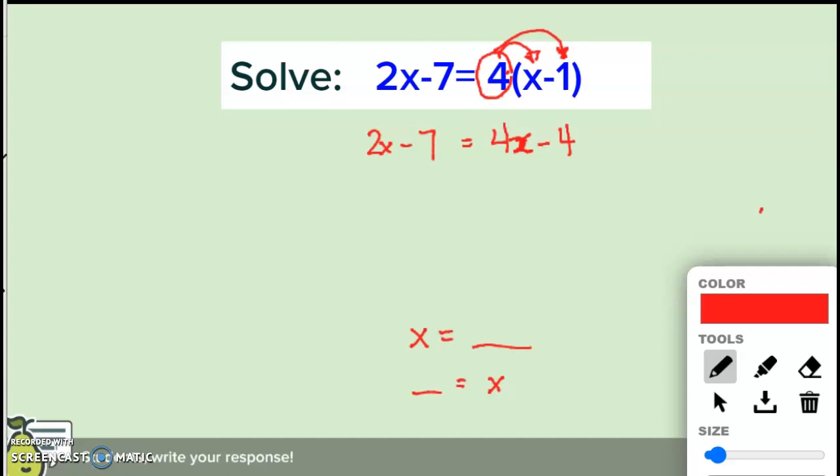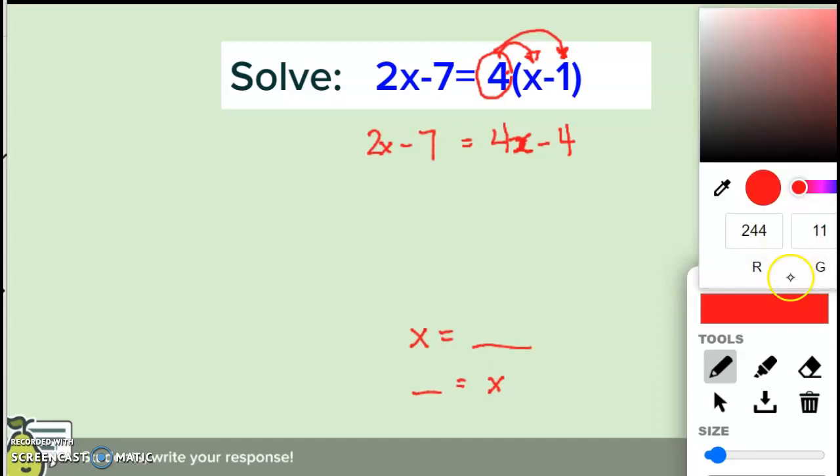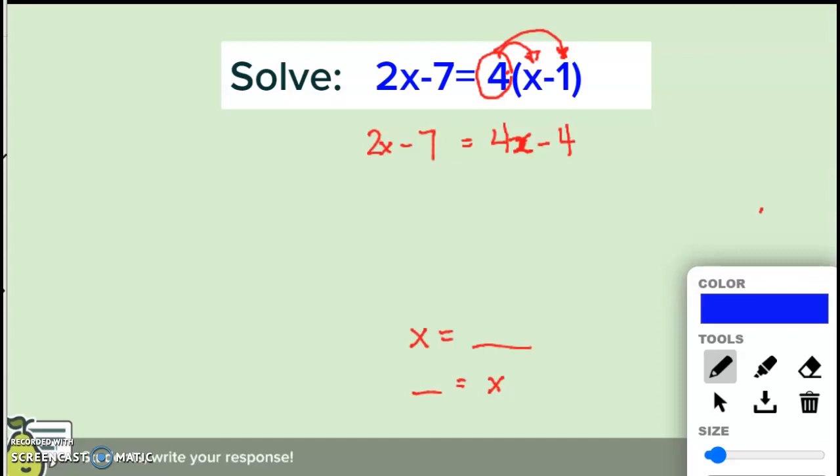Okay, just the same way, if I didn't want this negative 7, what did you do? You added 7 to both sides. So if I say I don't want this positive 2x, what do you think I can do? I subtract 2x from both sides. Okay?